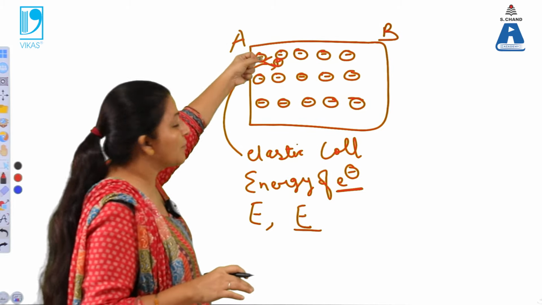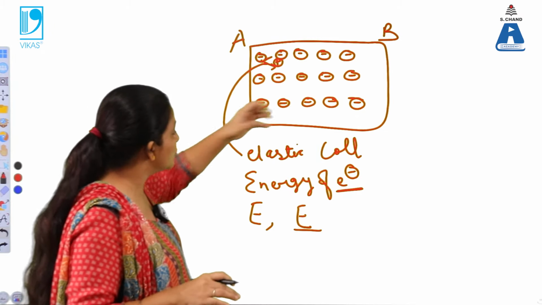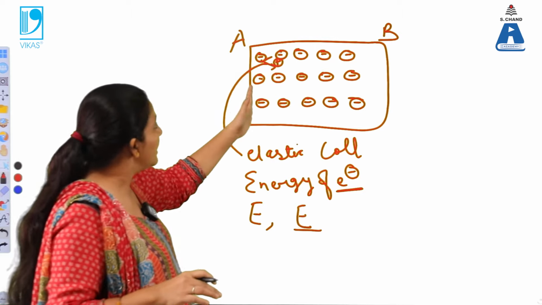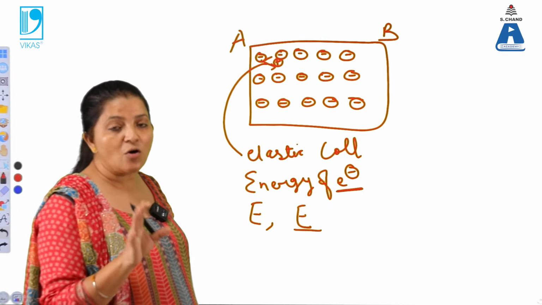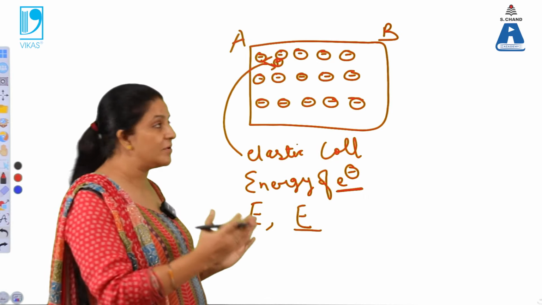The electron will suffer multiple reflections and multiple collisions over here. It can have repulsive force and attractive force also. Due to that, it can move freely from one end to another, because the collisions are elastic and its energy and momentum remain intact.